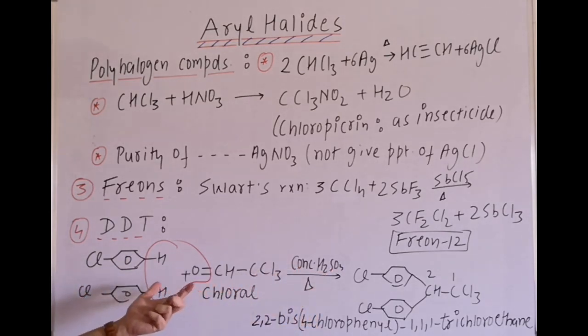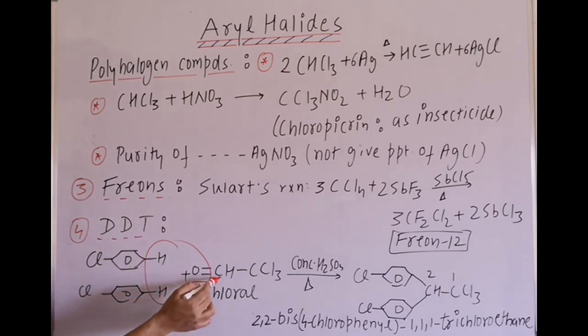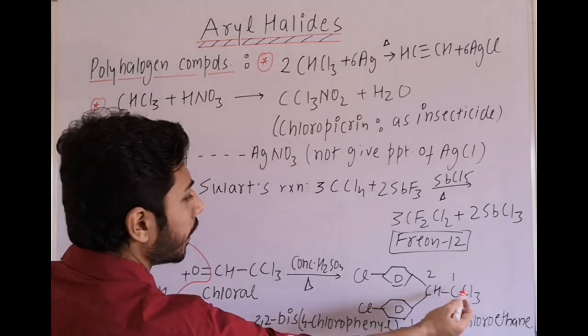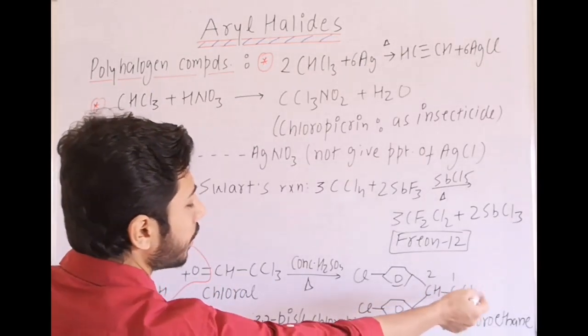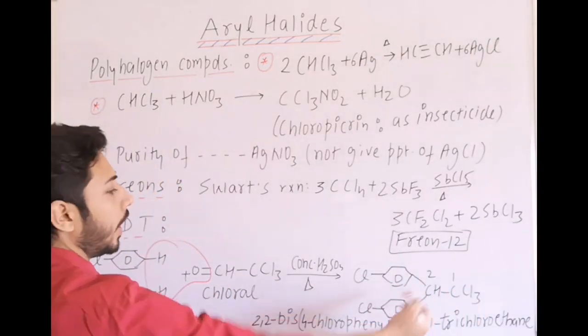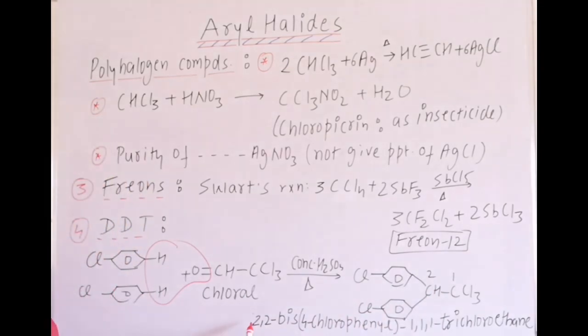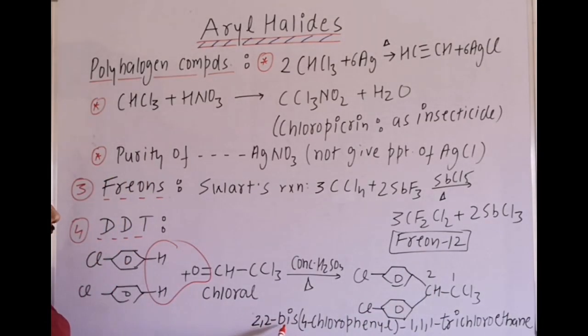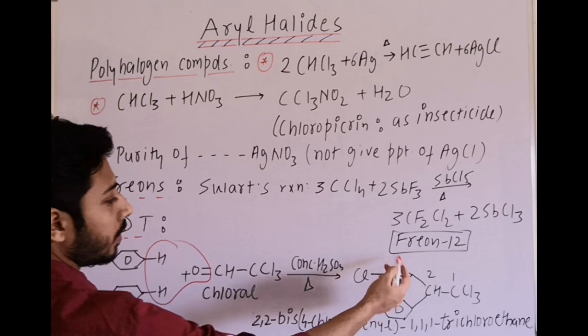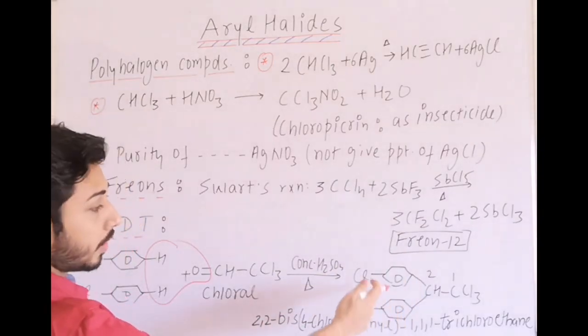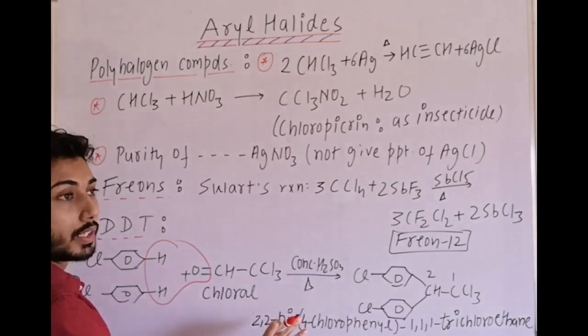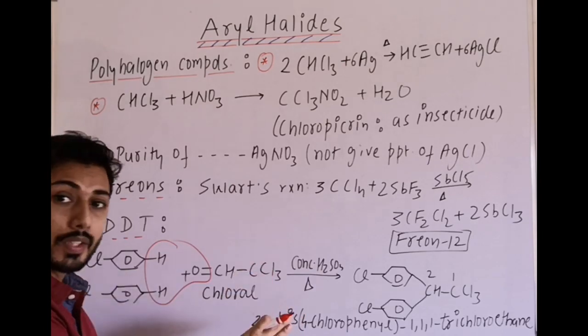Heat, you remember it by removing H2O, and these carbons will form a bond with the carbonyl carbon, marking it as 1, 2, because here the substituents are 3, there are 2, and its IUPAC name is 2,2-bis. In brackets the substituents are the same, that's why we are using the bis term, identical substituents and complex they are.